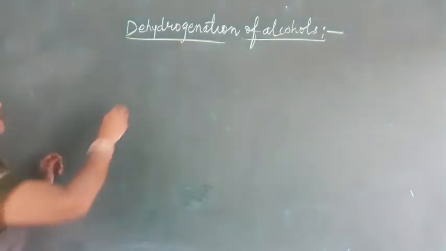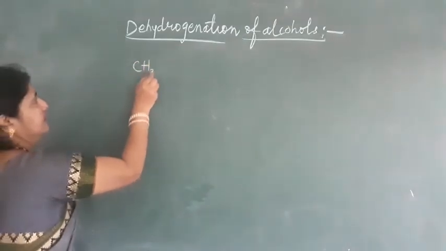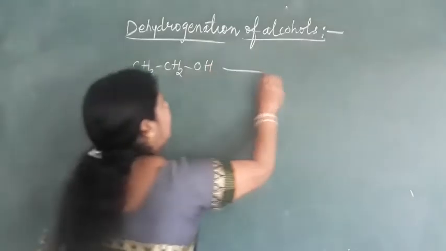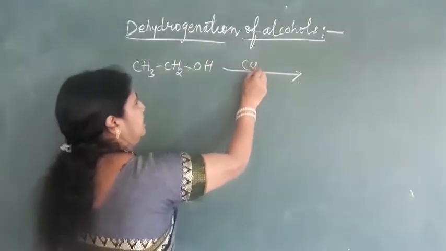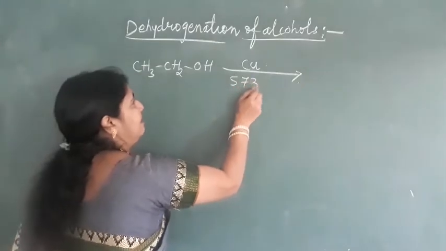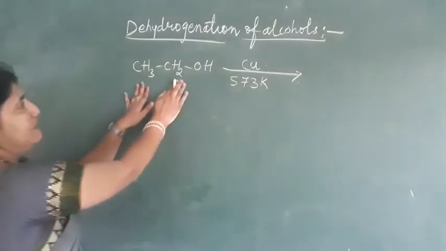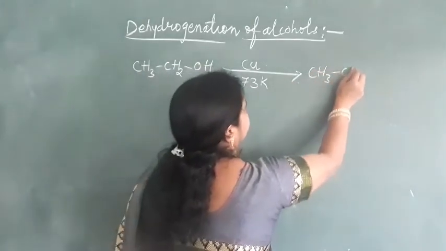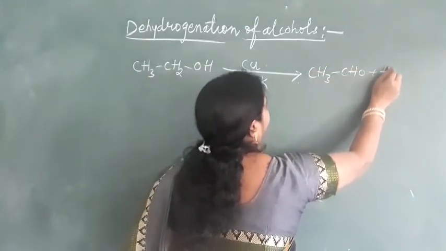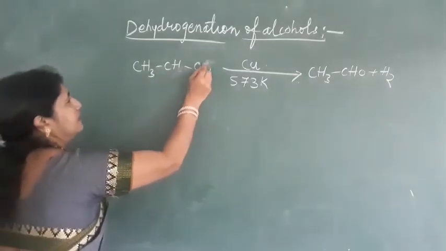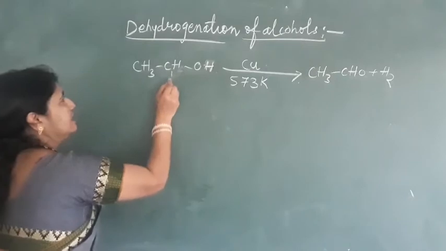When primary alcohol, see this is CH3CH2OH, is passed over copper at 573 Kelvin temperature, it converts into aldehyde, CH3CHO, plus H2. What you have to do here is remove this hydrogen and this hydrogen.